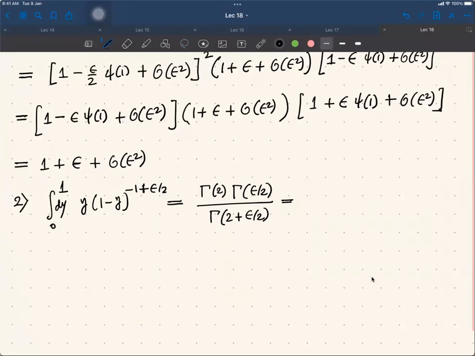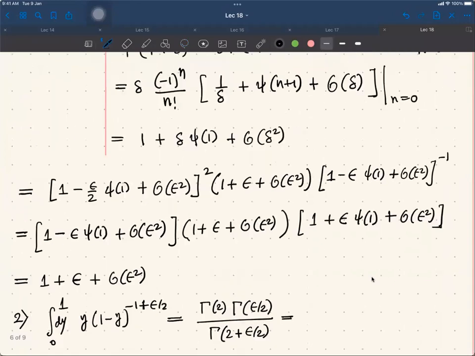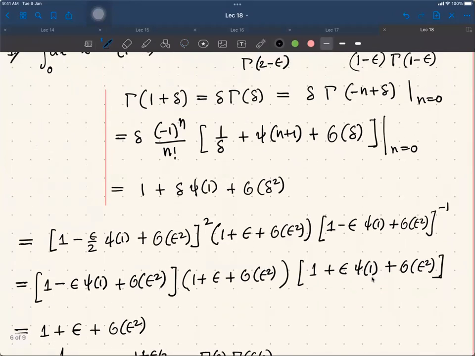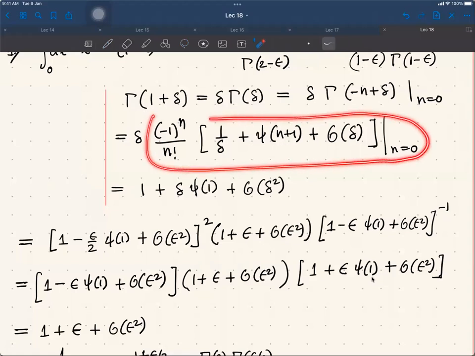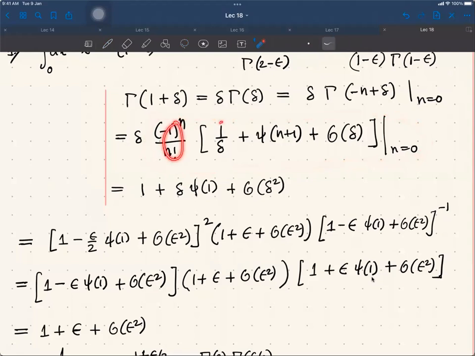And this gamma epsilon by 2, leaving aside this delta factor, is gamma delta, the expansion of gamma delta when n equal to 0, which is 1 over delta plus psi 1.